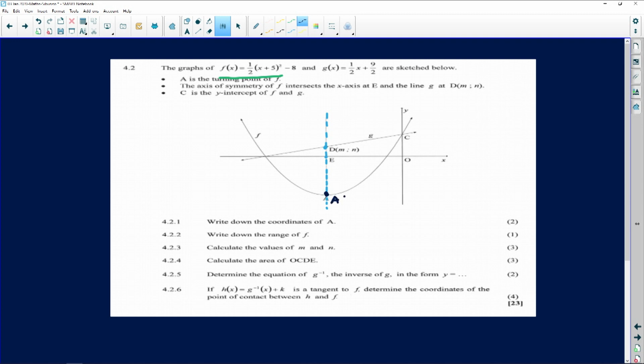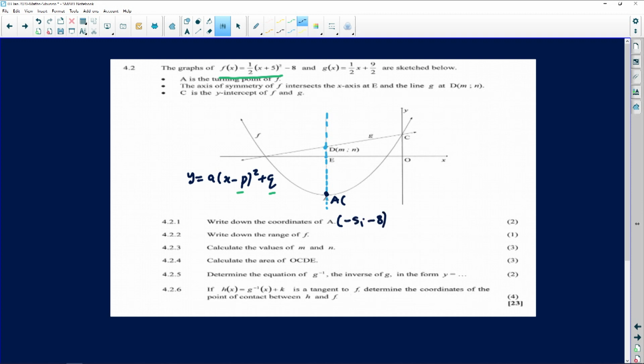You need to know that point A is the point where the graph turns. So if you're looking at a graph of y equals a into x minus p squared plus q, the p and the q will always give you the coordinates of the turning point. And in this case, 4.2.1 is asking us to write down the coordinates of A. Immediately, you can tell that A is going to be the point where x is -5 and y is -8.